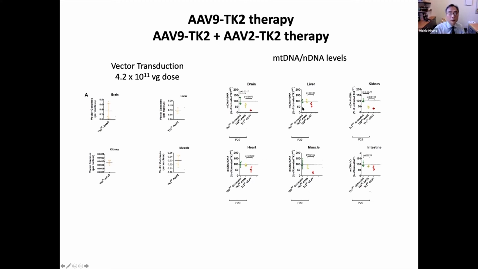So we see that not only is there low vector transduction, or few copies of the TK2 in kidney, there's also less response to the mitochondrial DNA depletion to the AAV vector in kidney. So we think that the reason that these mice progress is largely due to the kidney phenotype.